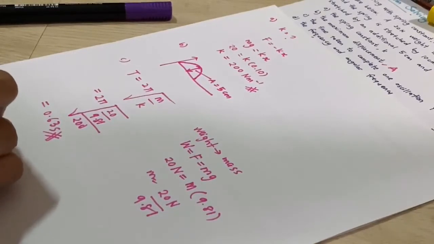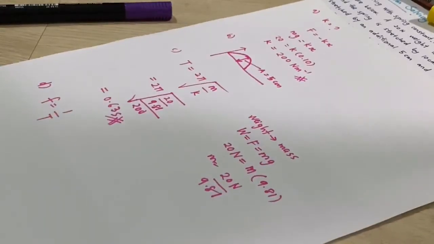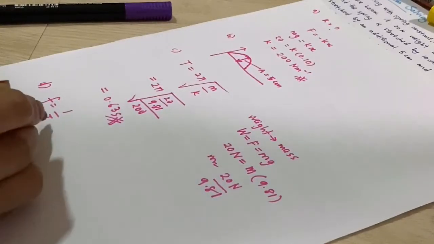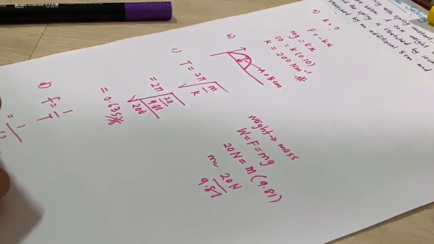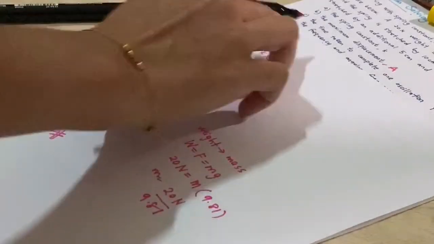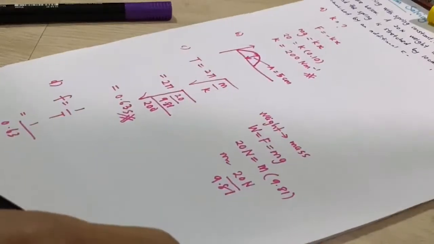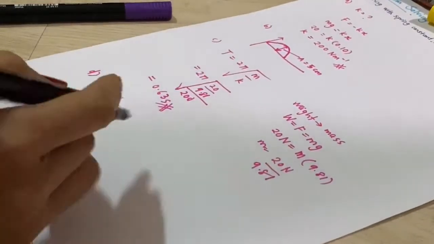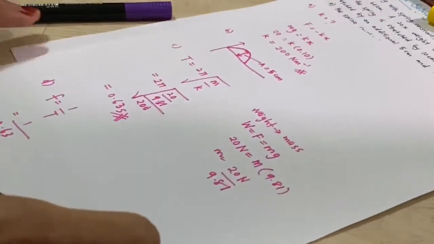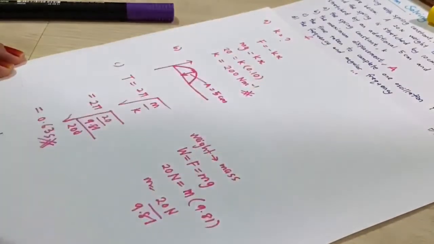Frequency f equals 1 over T. So substitute 1 over T, T is 0.63, so the frequency is 1.59 Hertz. Then the question asks us to find the angular frequency, which is omega.